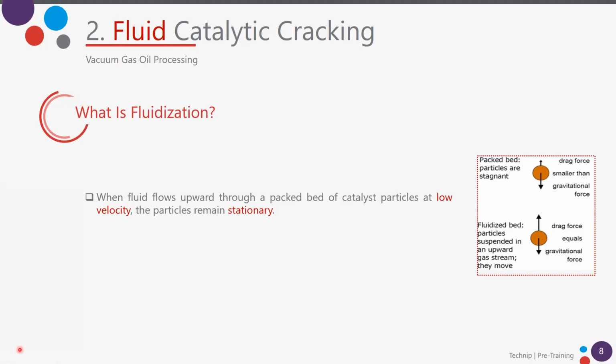Okay, no movement of the catalyst, because if you see this diagram at the right, we have our gravitational force larger than the drag force. Okay, so the particles will remain stationary. No movement of the catalyst.